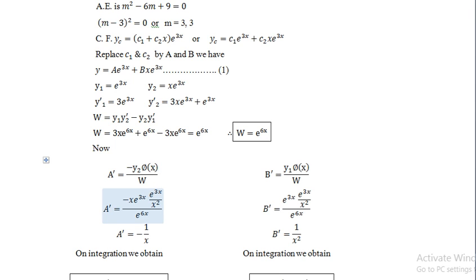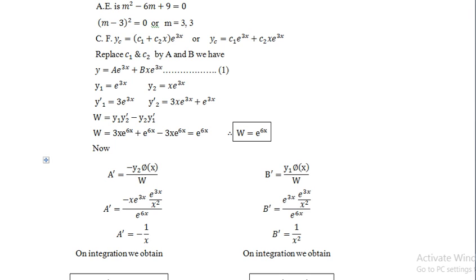So now x square and x term cancelled. So in the numerator e raised to 3x is e raised to 6x. So numerator and denominator terms cancelled out, and minus x divided by x square. So x and x square cancelled out. The remaining term is minus 1 divided by x here.